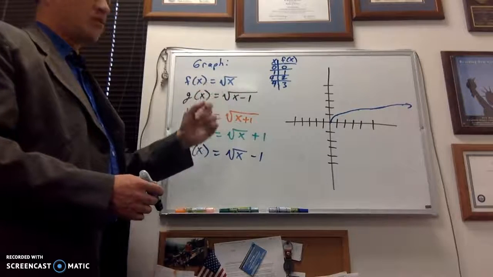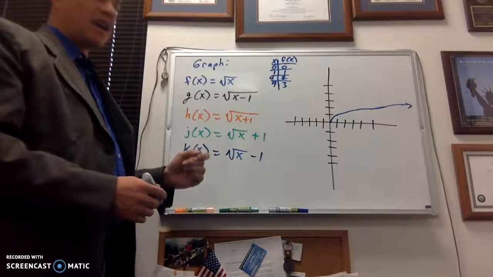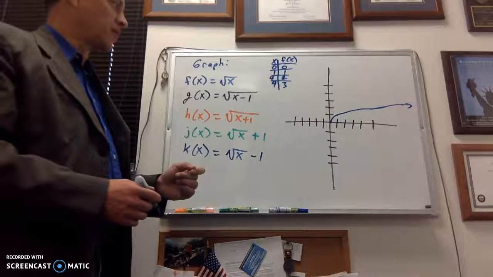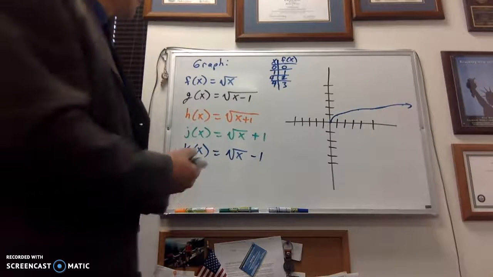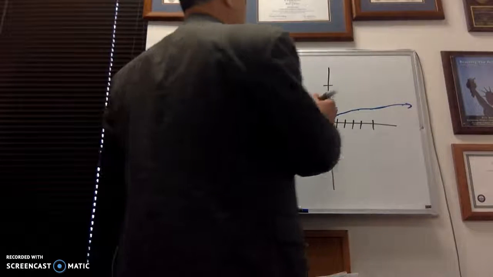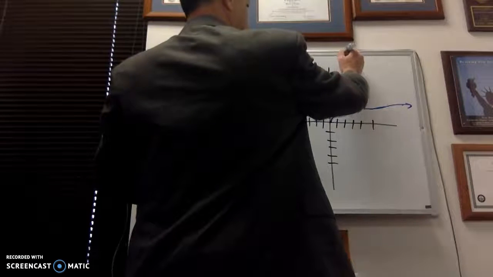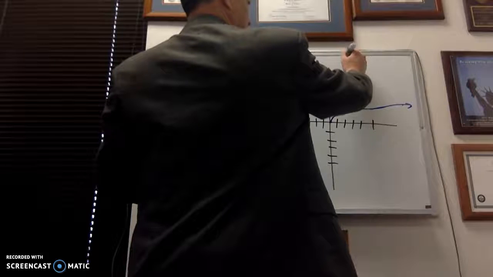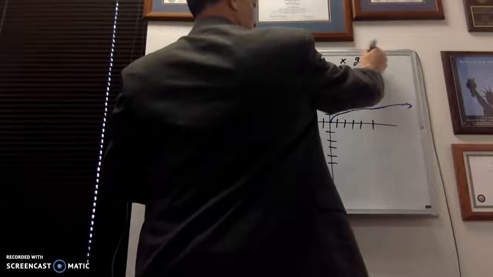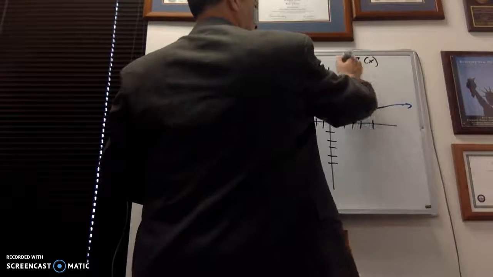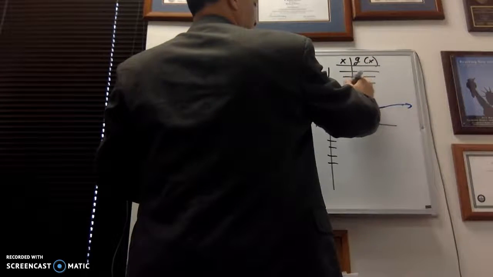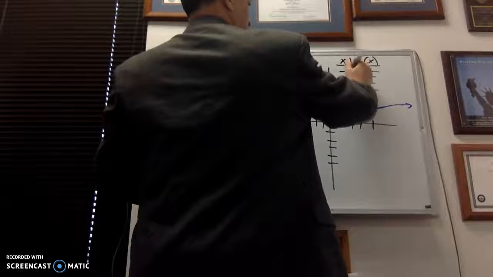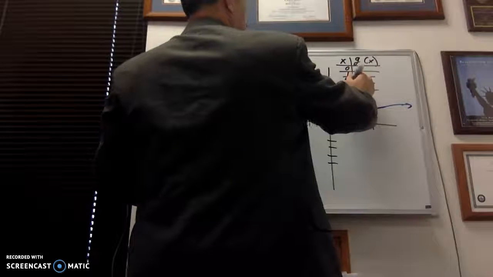The square root of x minus 1. So what's that going to do to my graph here? Okay, I talked about transformations before, I believe. But just to play it safe, let's see what would have happened if I did x minus 1. I'll use the same values for my x. 0, 1, 4, and 9.